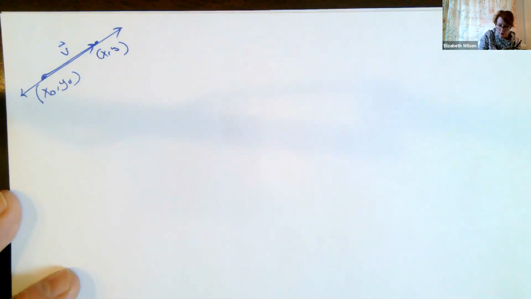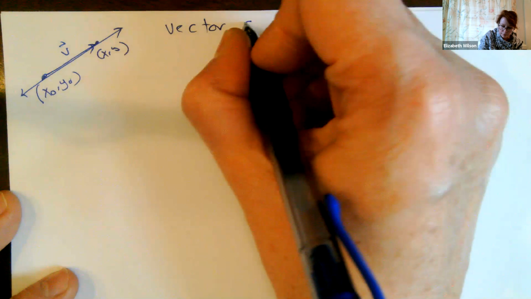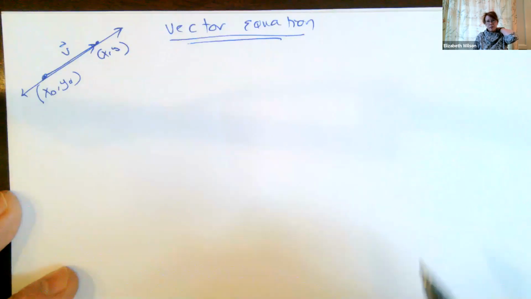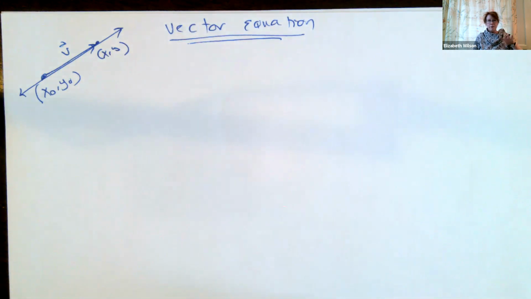Okay, so now if I want to write out a vector equation, which is very helpful because it allows me to take it out of the coordinate space, and it allows me to actually write it in terms of vectors that are parallel to the line.